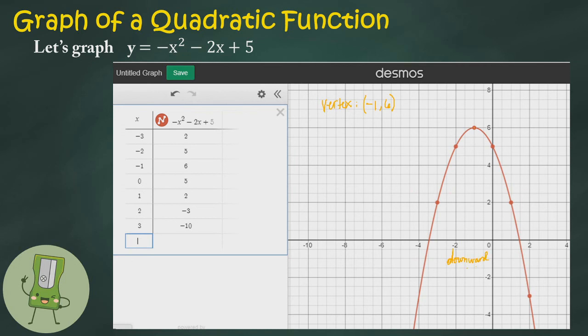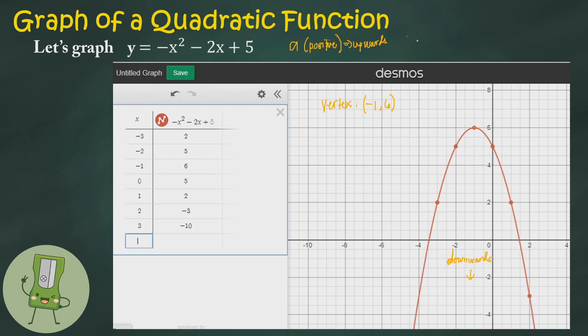Bakit ito opening downwards? Yung kanina, positive kasi yung value ng A. If A is positive, then it is upwards. Yan yung kailangan nating tingnan muna. So, if the value of coefficient A is positive, then our parabola will be opening upwards.